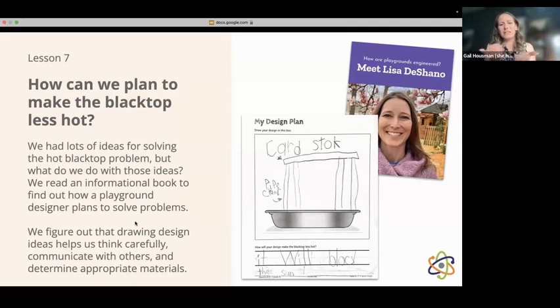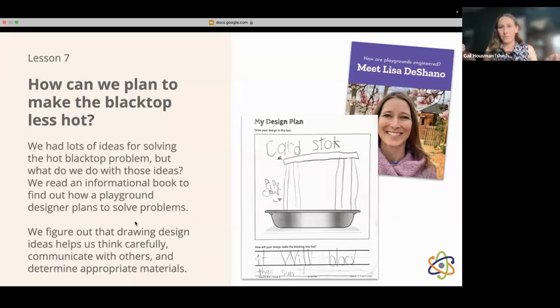And I should say it's sitting in a pan because the kids are introduced to just the materials that they have, and they use a piece of black construction paper in the bottom of a brownie pan, just an aluminum brownie pan, so that it's a set place for them. This represents our blacktop, and we're going to try to solve the problem here. They combine ideas with a partner in lesson 7. So there's, again, this work of collaboration happening while they put their ideas together.